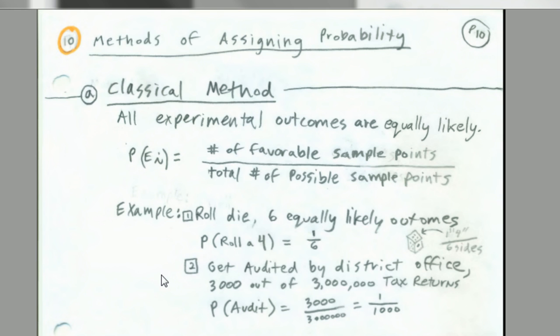Another example here, if you get audited by a district office, well, that district office does 3 million tax returns, and they always audit 3,000. Well, if you know that, then you can simply do the straight division, and you get 1 out of 1,000. That's the probability that you're going to get audited using the classical method.